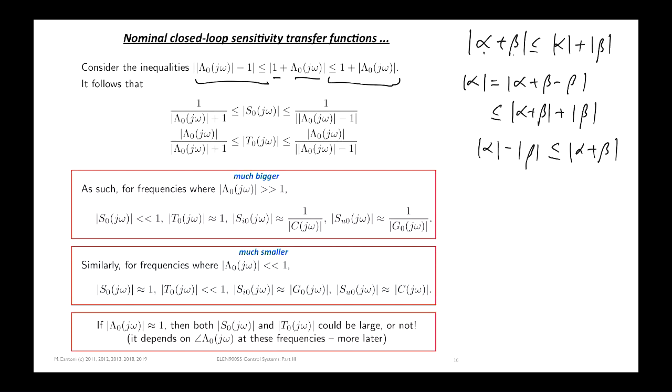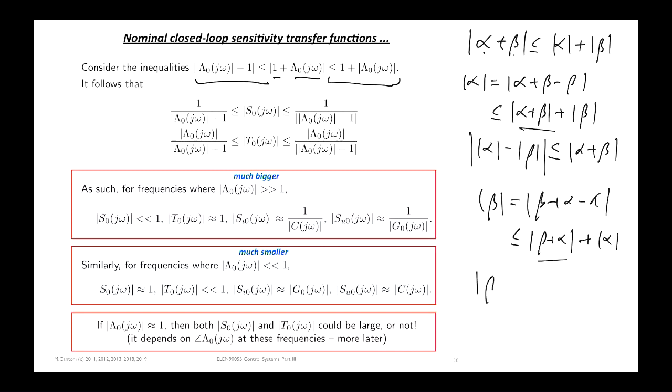The fact that I can put absolutes around this is because I don't have to start with alpha and go that way. I could have started with beta and arrived at beta plus alpha, to give me beta minus alpha less than. So if this is bigger than this, and it's bigger than this, then it must be bigger than the absolute value of it.